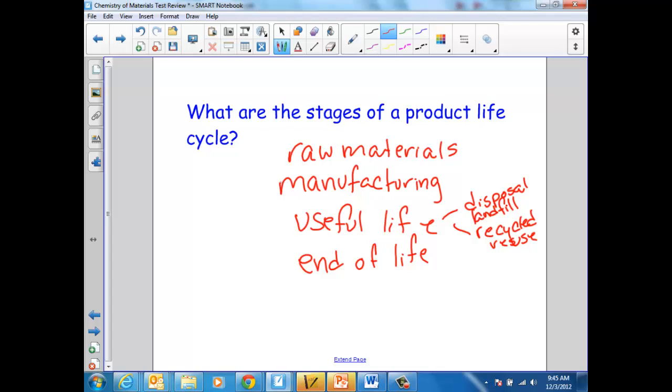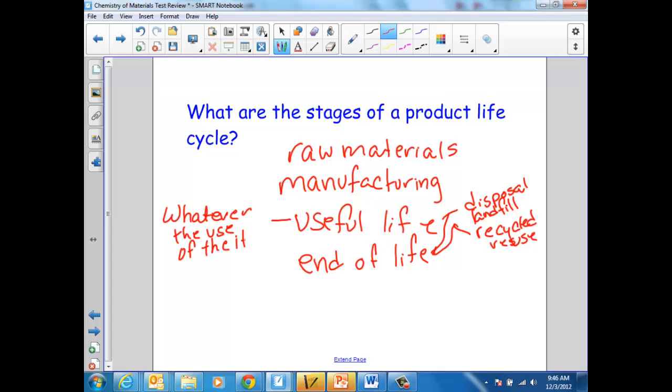Oh, I put that in the wrong place. Sorry. That's end of life, not useful life. Useful life then is what? How do we simply define what useful life is? When you use the item as what it was meant to be used for. Right, so whatever the use of the item.